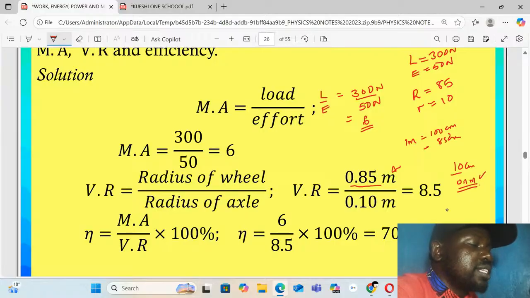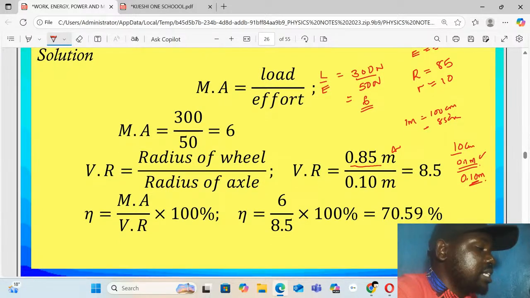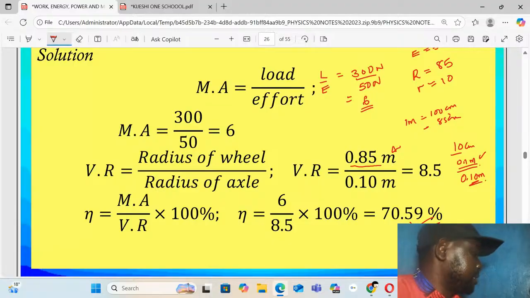But when it comes to the substitution, substituting 0.1 is not accurate, because an examiner who looks at the real work will expect 0.10 meters. Then the efficiency becomes mechanical advantage over VR times 100%, and this will give you 70.59%.